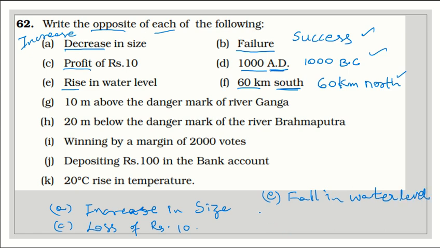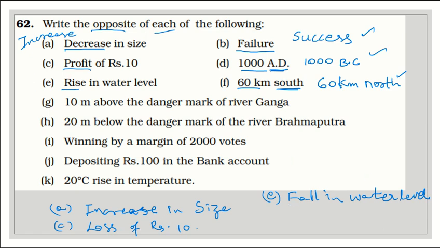So similarly you need to write the rest of them. Now I'll tell you only the keyword, and for the opposite you write the sentences the way I have shown in the case of A, C and E.